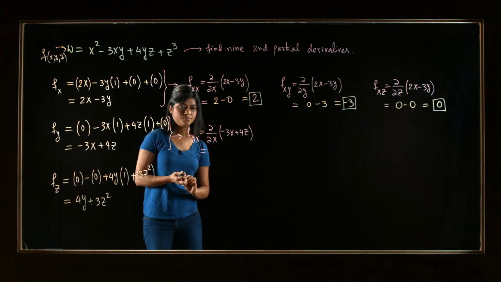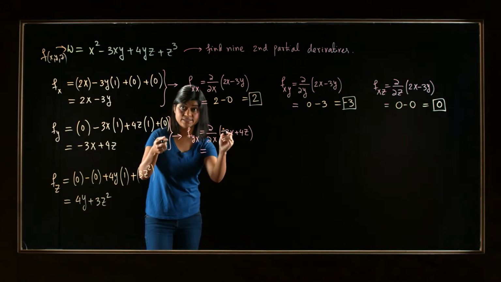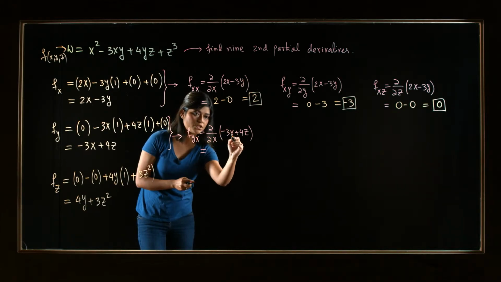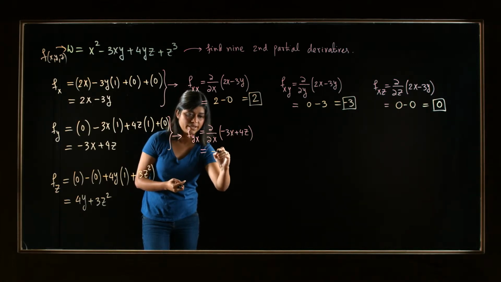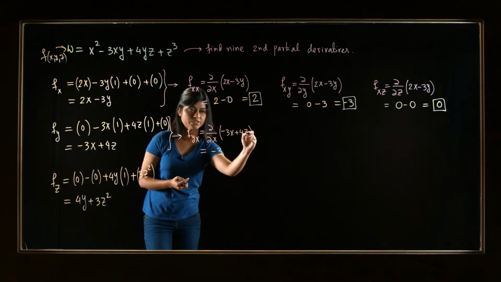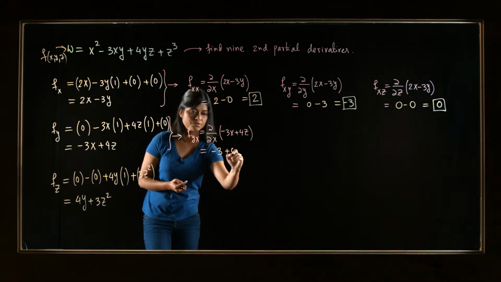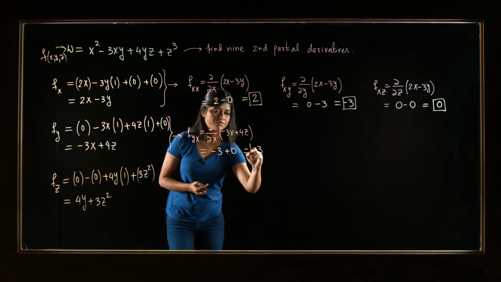Now be very careful, this is with respect to x, so y and z are constant. So the first term is negative 3x, so the derivative is negative 3. Second term has 4z, so this is a constant, so the derivative will be 0. So this is equal to negative 3.